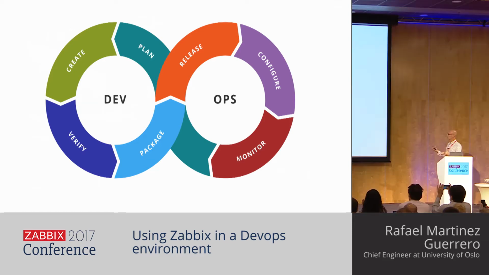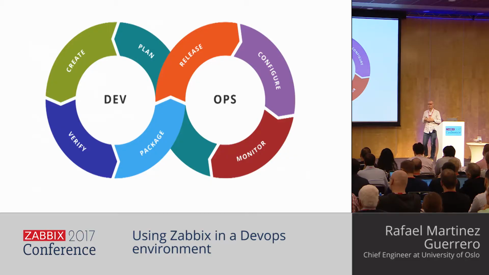We started talking with them, and in the first meeting they told us that they wanted to, of course, monitor these applications, that they didn't have time to learn another monitor system, and that they wanted to monitor not only whether the web application was running and available, but also all the components the applications need to work.